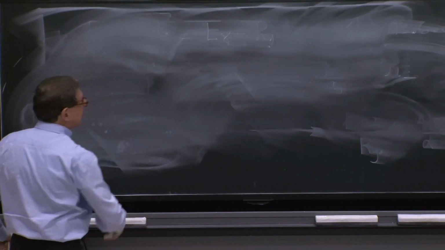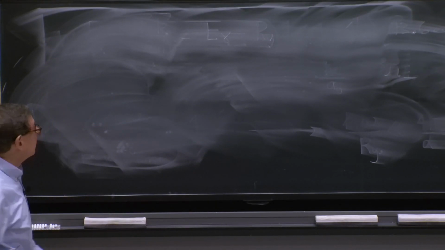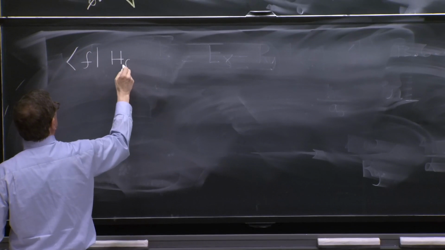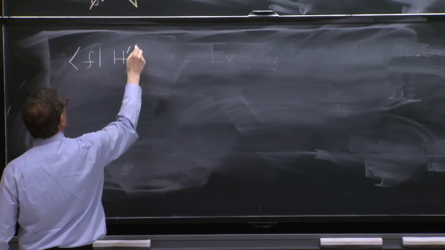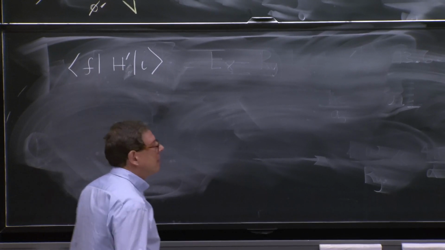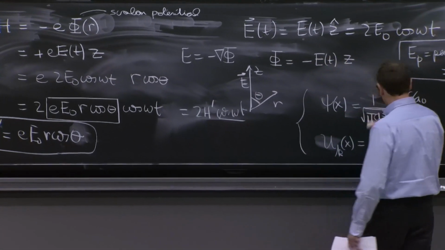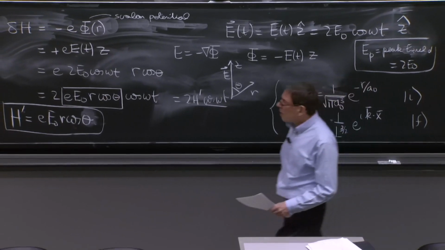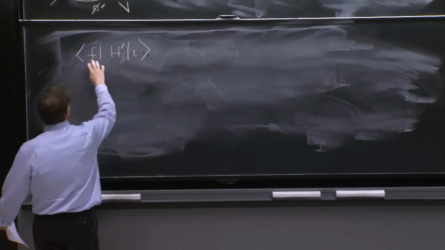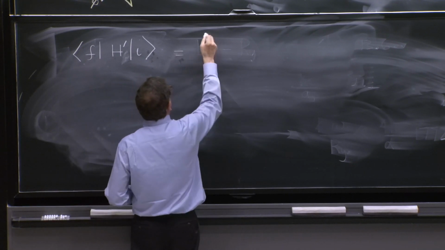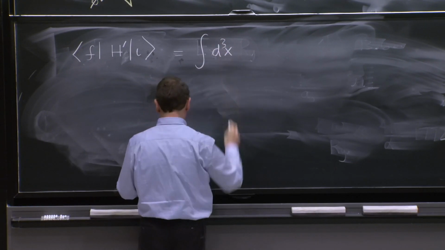So what are we trying to calculate? Well, we want to use Fermi's golden rule. So we need to calculate the final state, H prime, initial state. That's the matrix element of the Hamiltonian H prime between the final and initial states. These are all wave functions that depend on space, so this is the integral d cubed x.